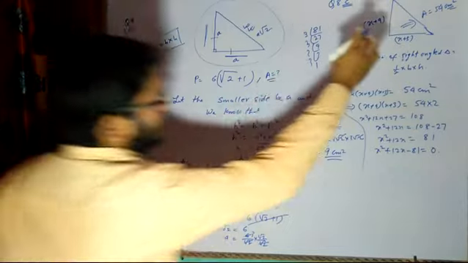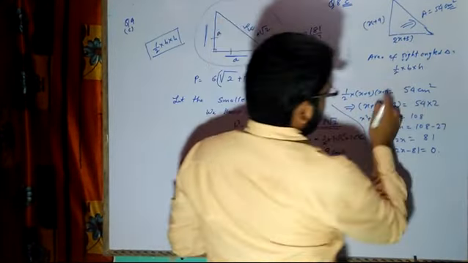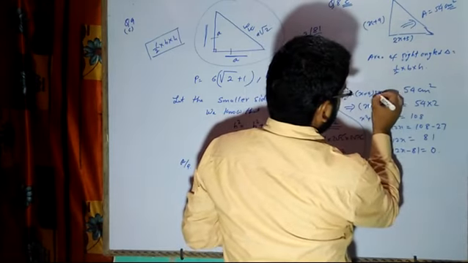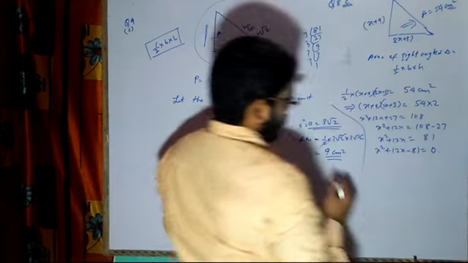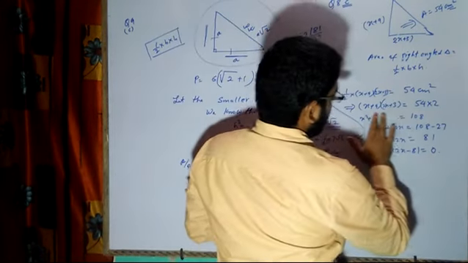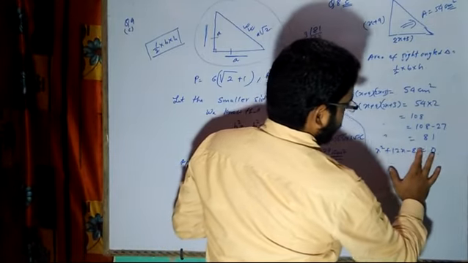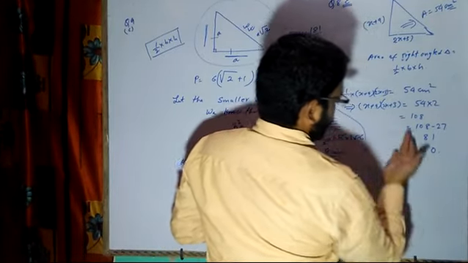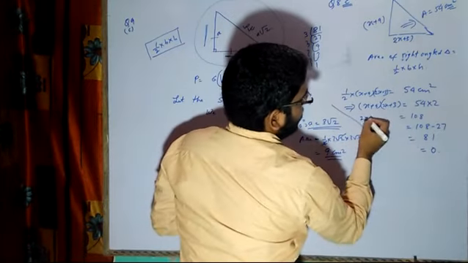So here we are actually having 2x plus 3, 2x plus 3, my dear students. So again I have to write here 2x. So now what will it be equal to? x into 2x will be equal to 2x square.